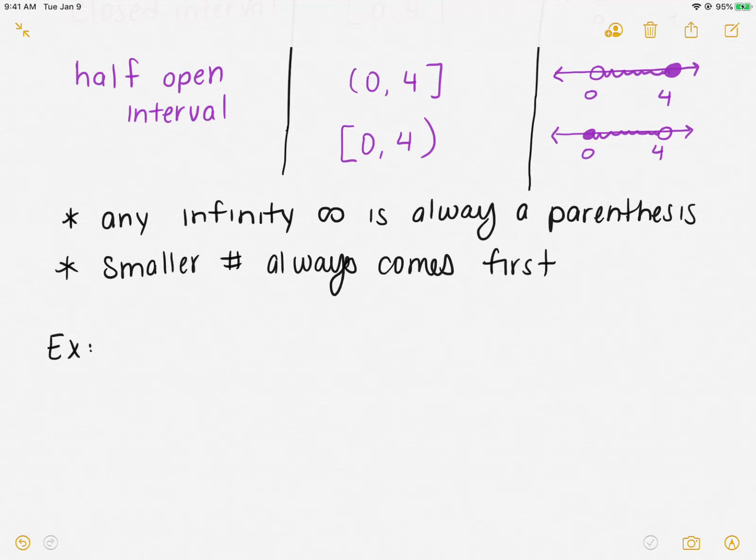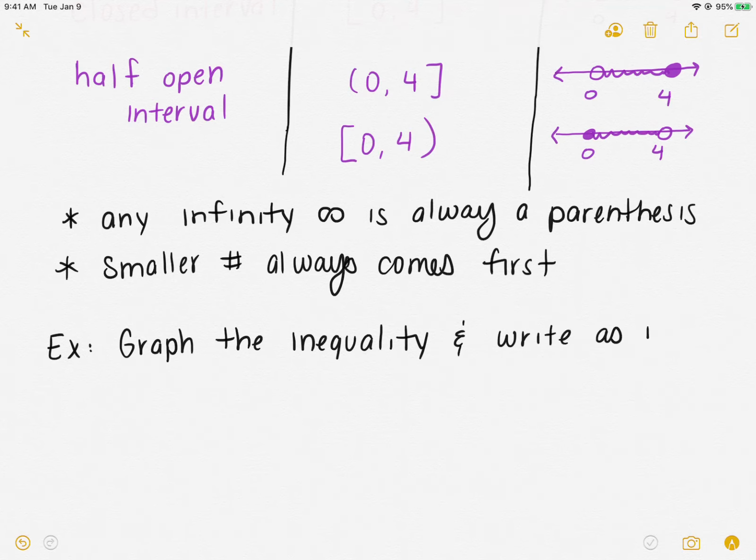So if we look, graph the inequality and write as an interval. So the first one I'm going to give you, we've already graphed this one. -1 is less than x is less than 3, right?